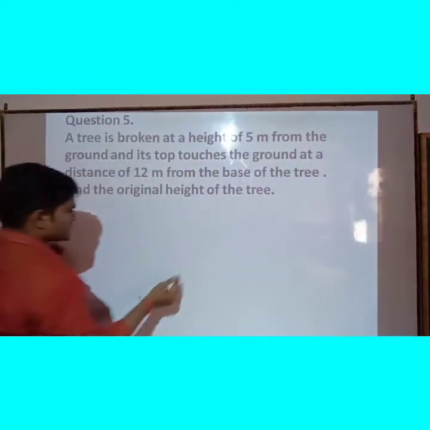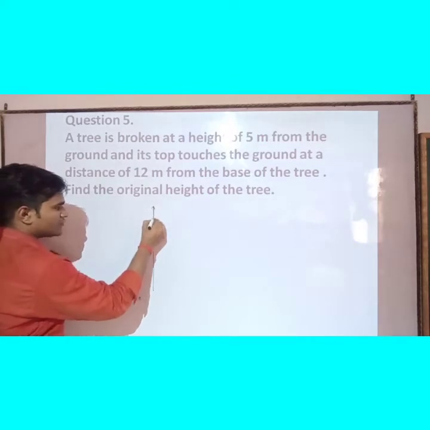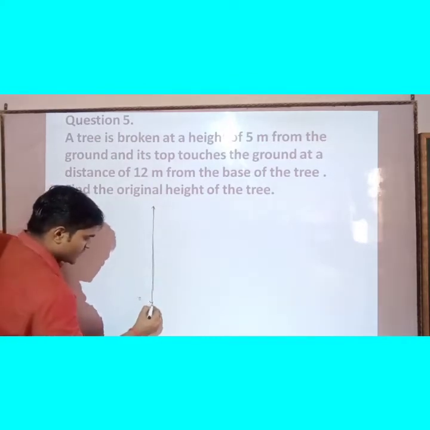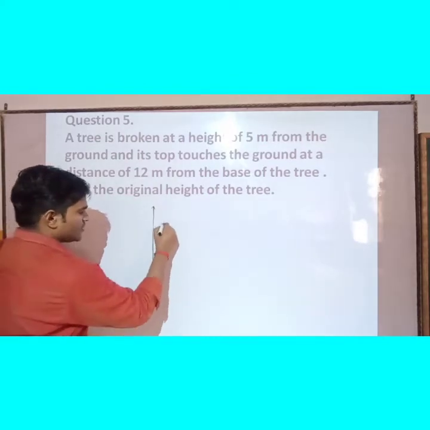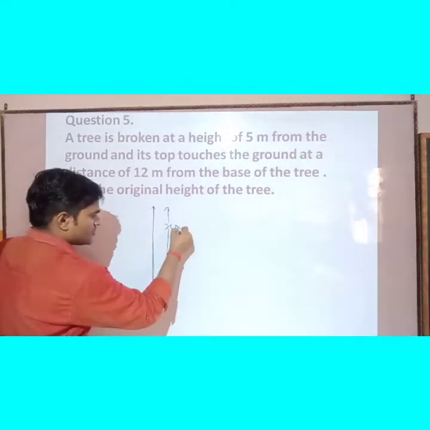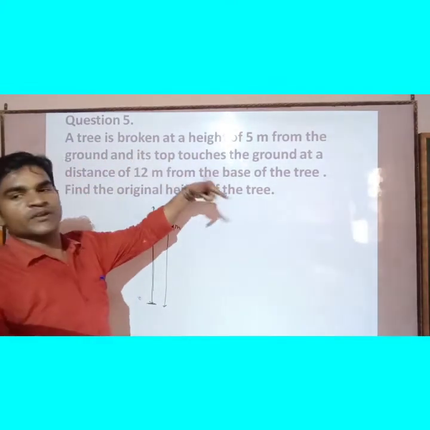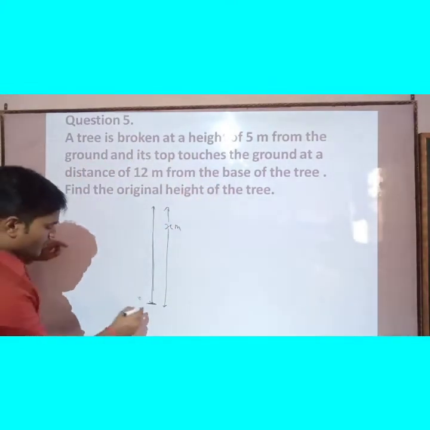So children, suppose this is the tree, and this is the original height of the tree, which we consider to be x meter. But this tree is broken at a height of 5 meters from the ground.